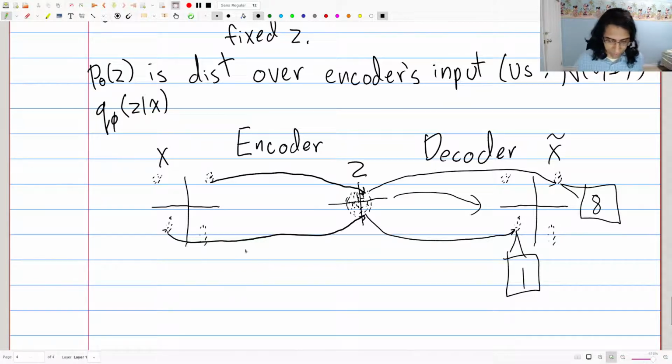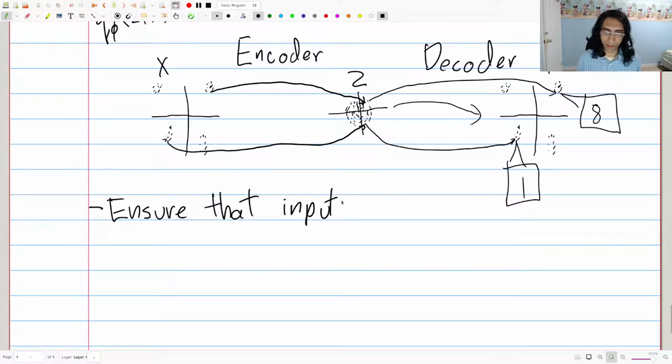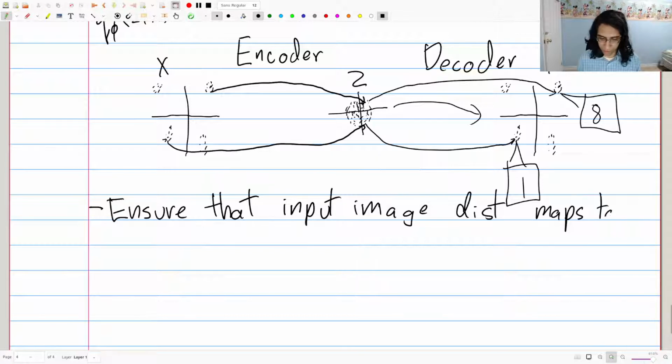Okay, so I've been saying this a bit informally, but let me try to say the following. Our goals are to ensure that the input image distribution maps to N(0, I). And let me draw this in blue.